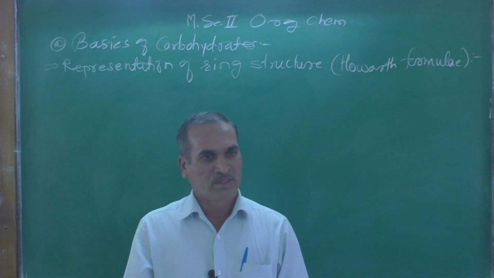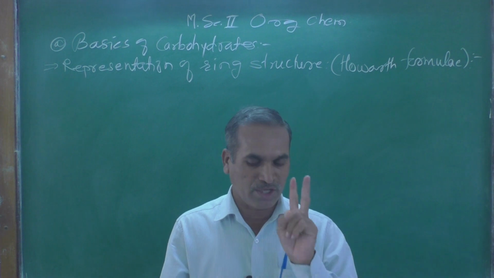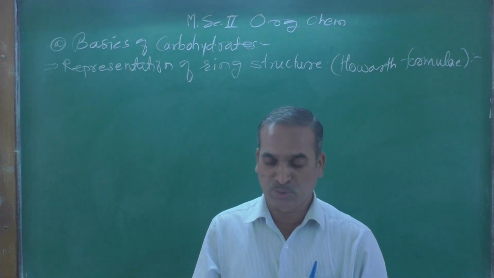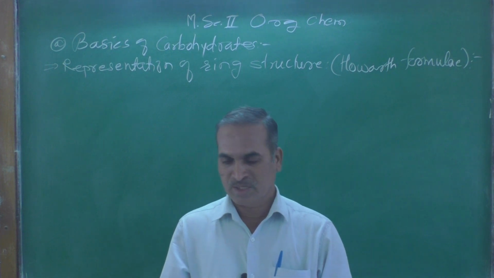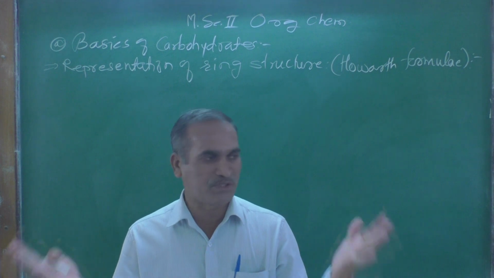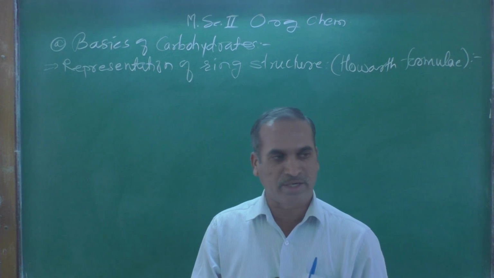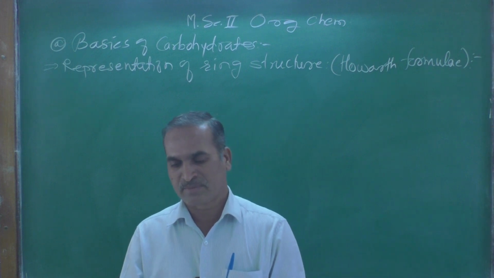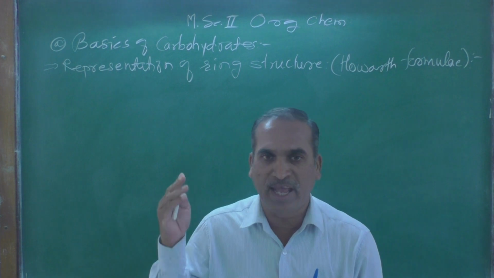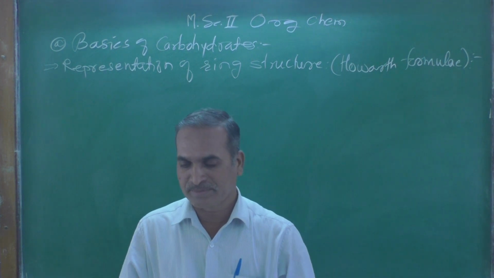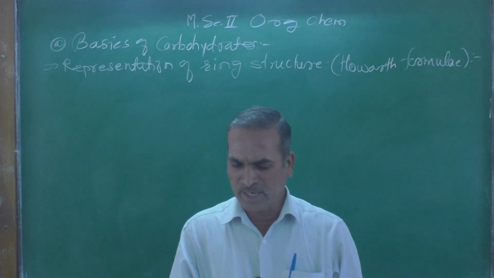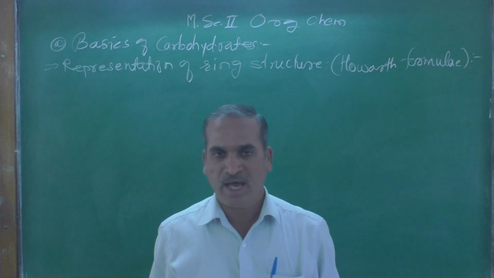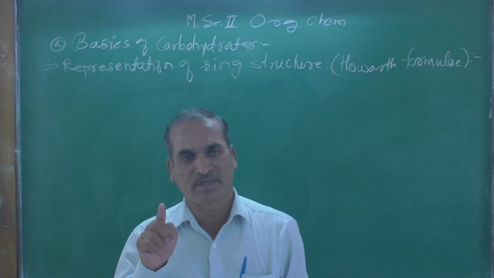And now listen carefully, 2 points. First point: always keep in mind that from the Fischer projection formula, the groups lying on the left are taken above, and the groups lying on the right are taken below the horizontal ring.